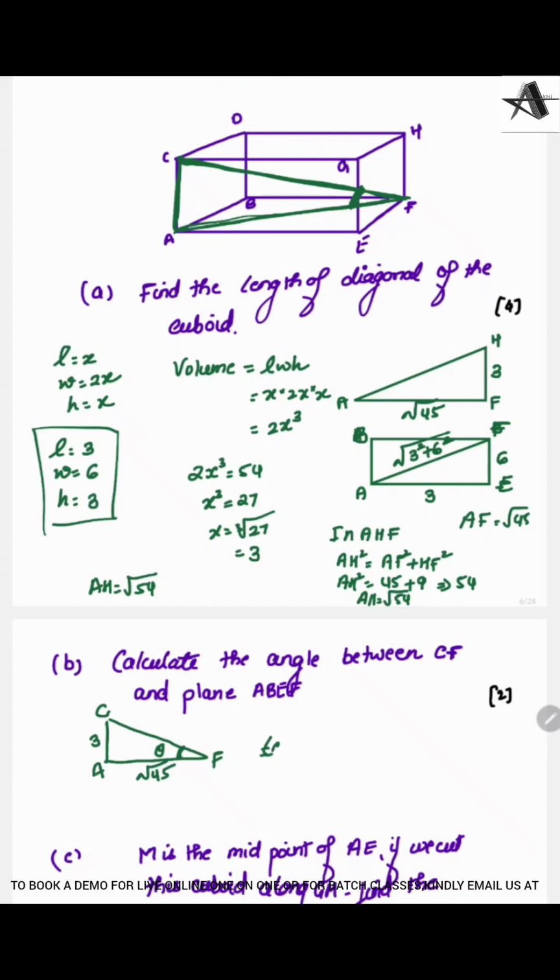So I'll apply tan theta. Tan theta is opposite over adjacent. Opposite is 3, adjacent is root 45. Now from here theta is equal to tan inverse of 3 over root 45. This will give me the answer 24.09419, and so on. I'm writing it to one decimal place only. So 24.1 degrees is the angle between CF and the plane ABEF.